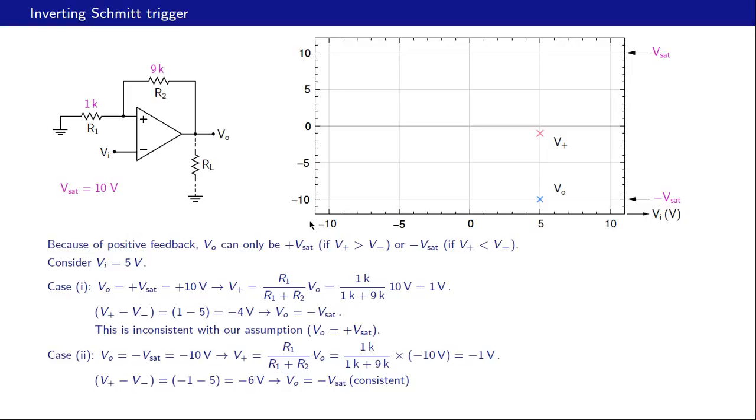Let us show that data point on this plot here. What are we plotting? We are plotting V plus as well as VO as a function of Vi, and right now we have only one data point, that is Vi equal to 5. For Vi equal to 5, we have V plus equal to minus 1 volt and Vo equal to minus 10 volts. That is the same as minus Vsat.